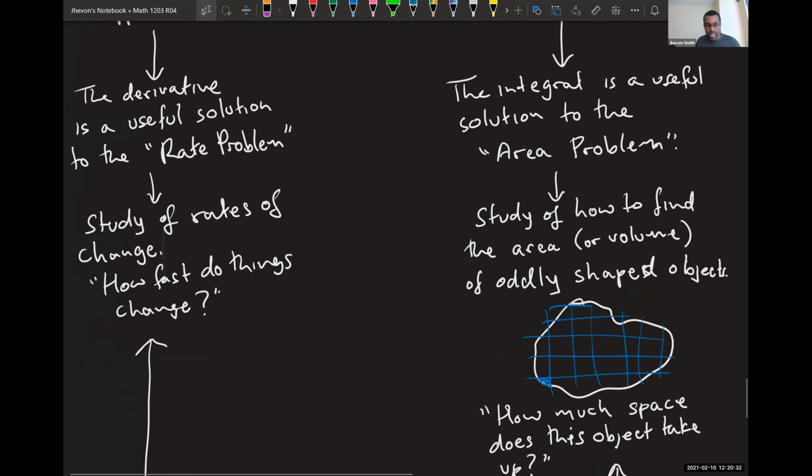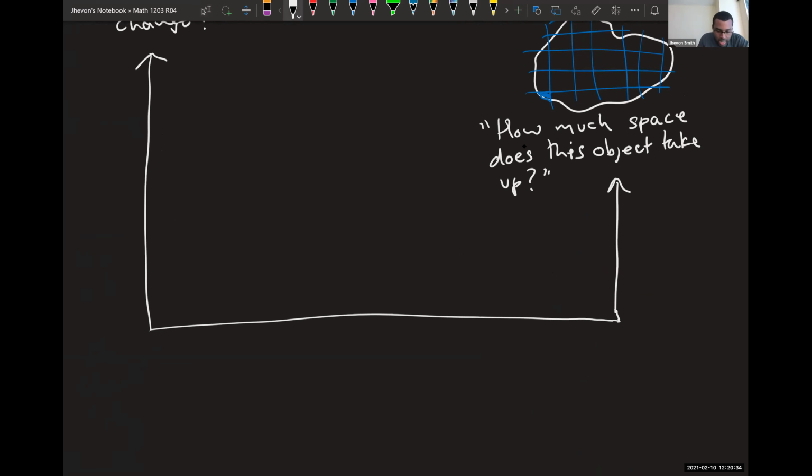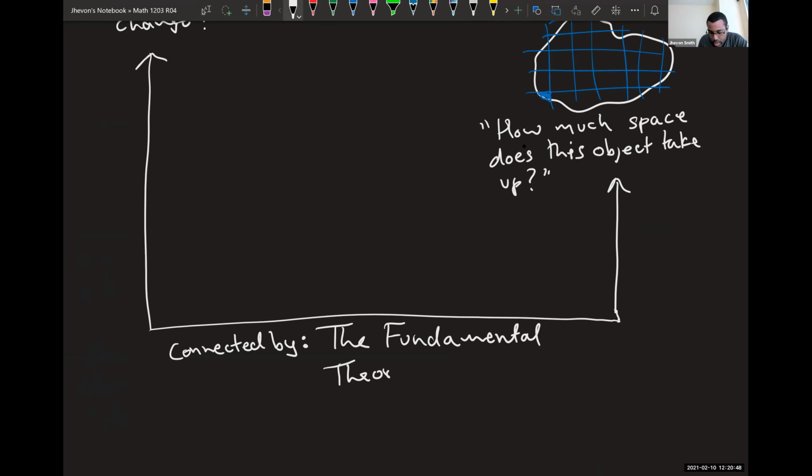They're two sides of the same coin. These are connected by something called the fundamental theorem of calculus. This is where Newton and Leibniz came in. And actually, Newton's professor, a guy by the name of Barrow, invented half the fundamental theorem of calculus.